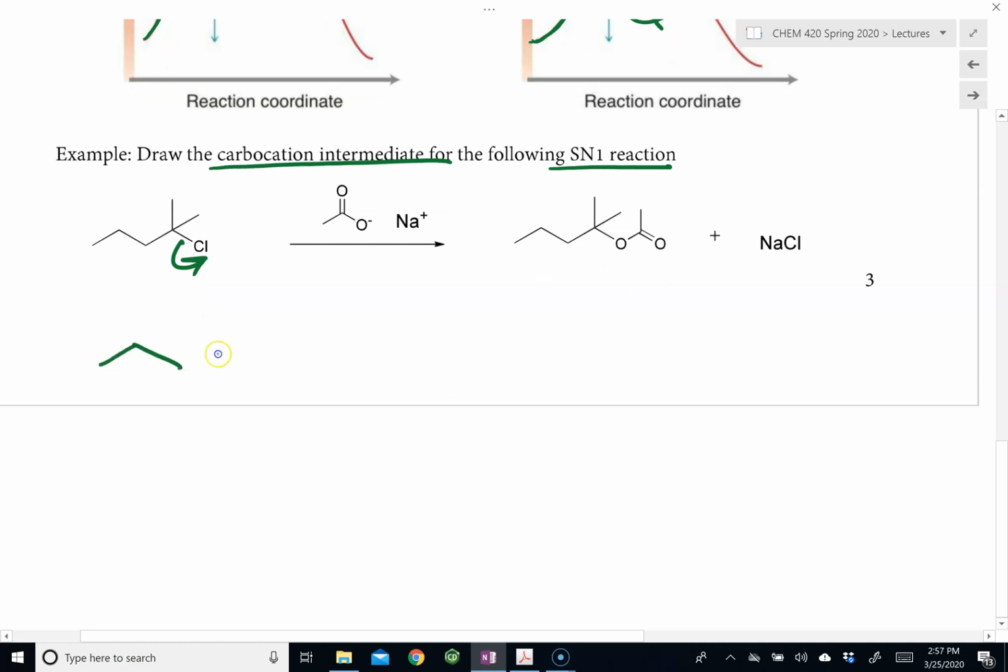Once that happens, we will be able to produce this carbocation, and this is a tertiary carbocation. Once that is formed, the nucleophilic attack will come in and attack this carbon, producing this product over here. So this is the loss of the leaving group, and this step is the nucleophilic attack.